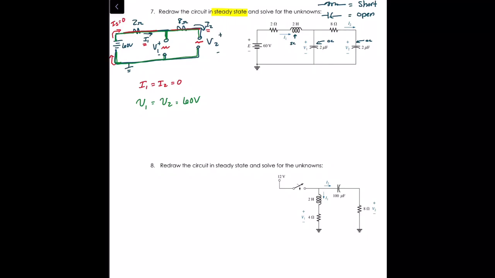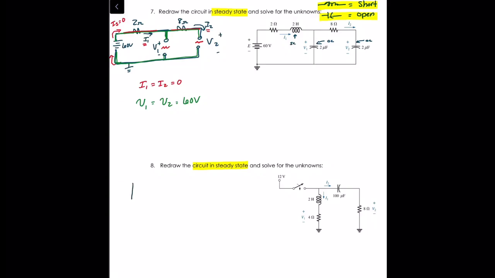And again, I'm just going to redraw it. If you want to pause and redraw it first, go right ahead. But I'm just going to redraw the circuit with, again, in steady state conditions. What that means is your inductor looks like a short circuit and your capacitors look like an open circuit. So I'm just going to redraw my circuit here.